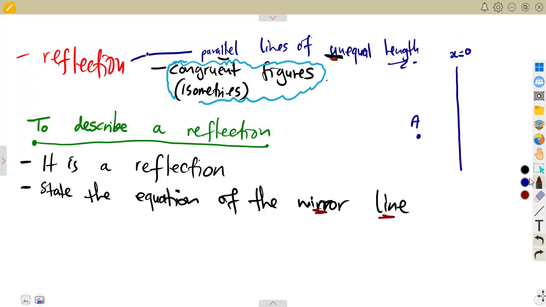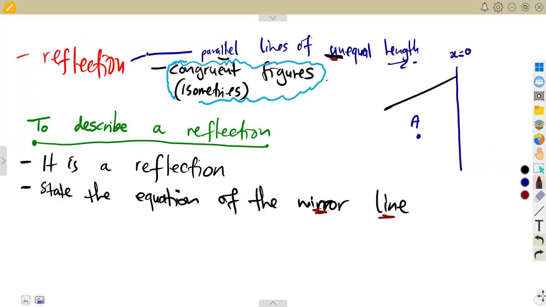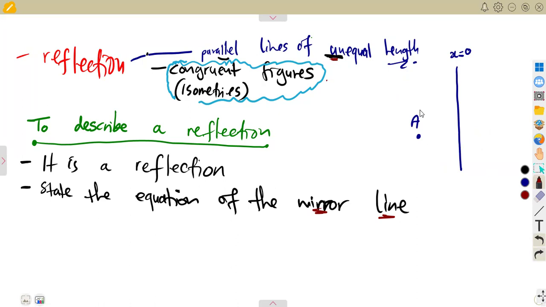So the mirror is dividing our graph into two regions: this side of the mirror and the other side of the mirror. So it's impossible that if A is on this side of the mirror, I find the image of A on the same side of the mirror. Guys, there's no magic like that.